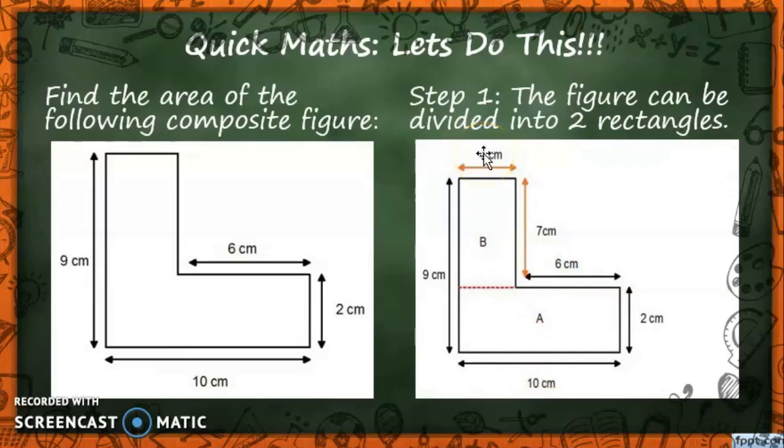We do something similar to get the 7: knowing that here is 9, we subtract 2 to get 7. Simple and easy. Continuing.